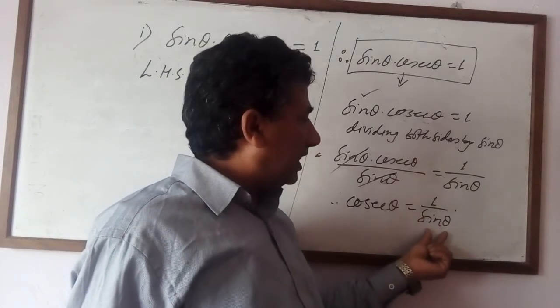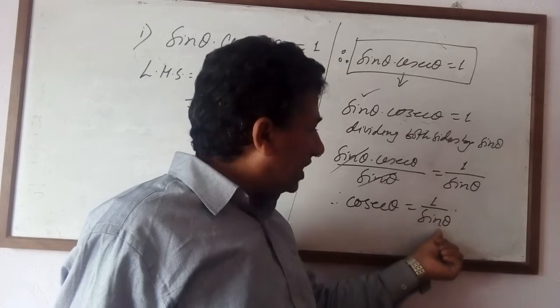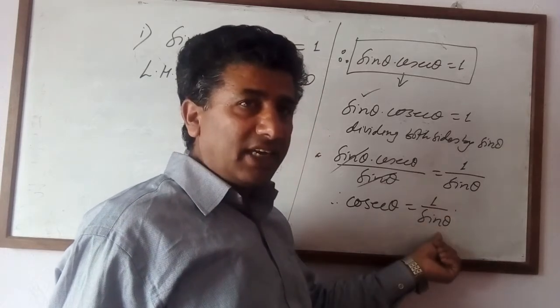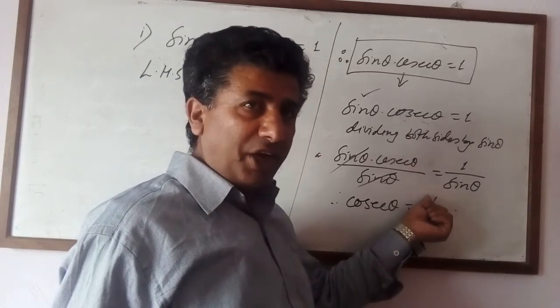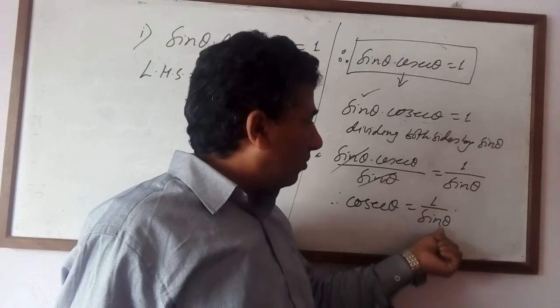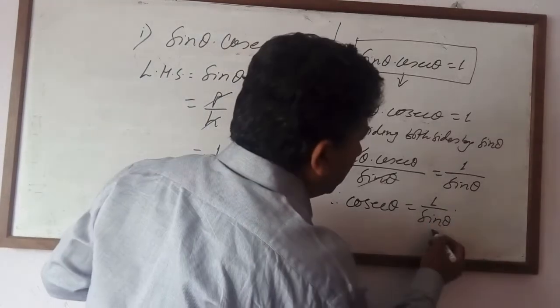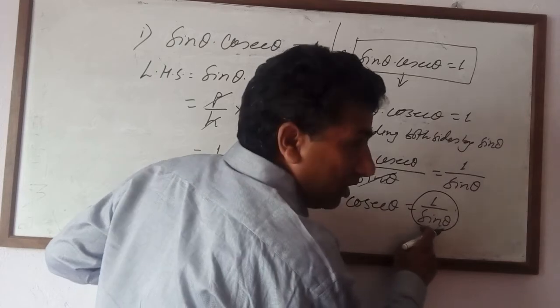It means cosec theta is the reciprocal of sine theta, because there is 1 in the numerator. This is called the reciprocal of sine theta.